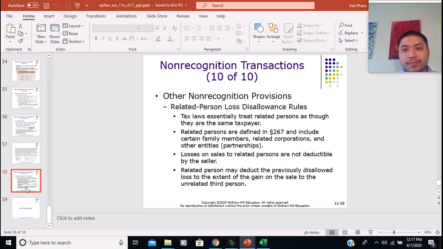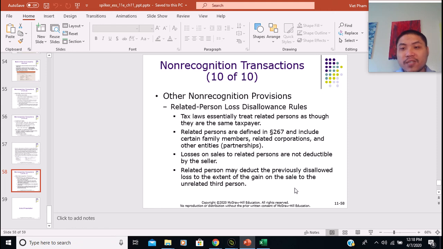Basically, if the loss amount exceeds the amount of gain on the sale to the unrelated third person later on, it's going to wipe out the whole amount of gain that the second related person has on the property. So they don't have to pay any tax at all.